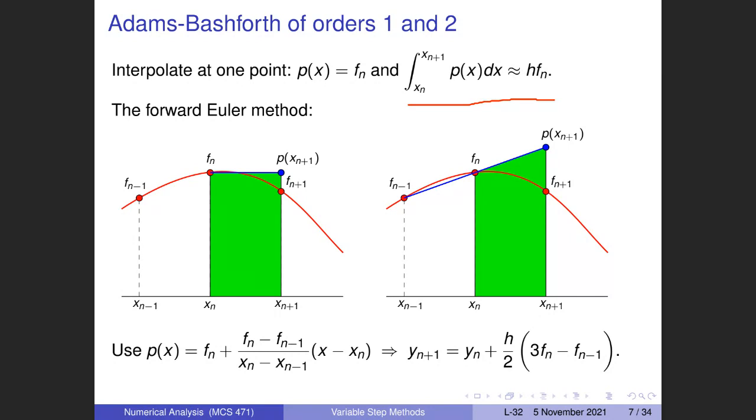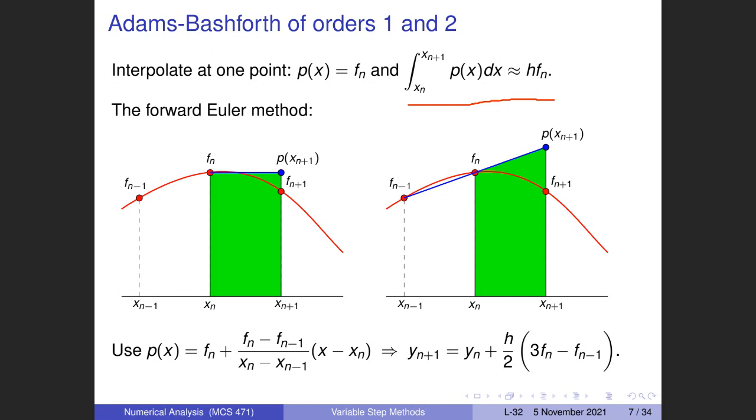One can be a little bit better by using also the previous function value, not only the current value at the current point, but you evaluate the right-hand side at the previous value at xn minus 1, yn minus 1, and you construct the line through those 2 points, and then we have a green trapezoid.